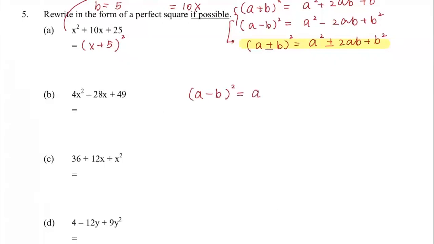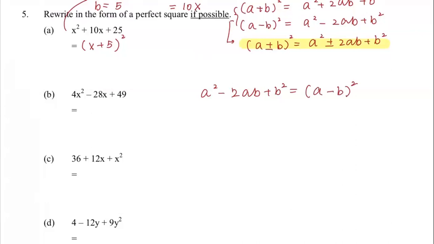Since we're working in this direction, I'll write the equation a little differently: a squared minus 2ab plus b squared can be written as (a minus b) squared.